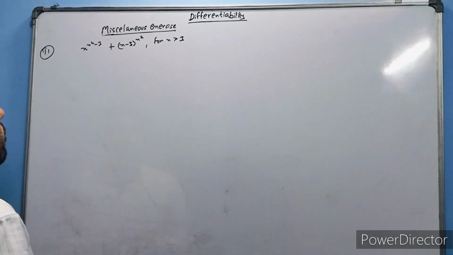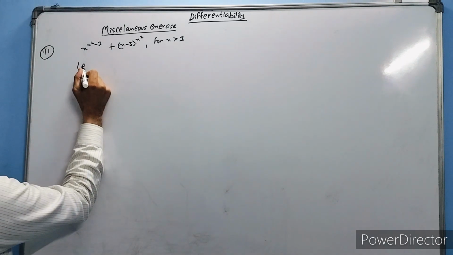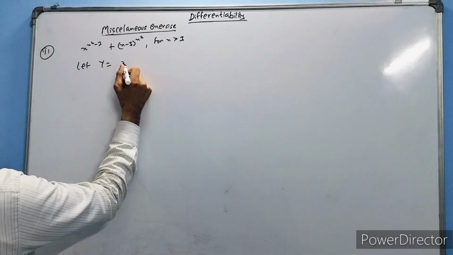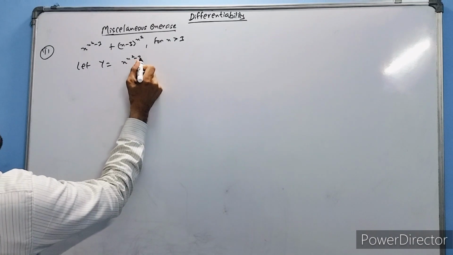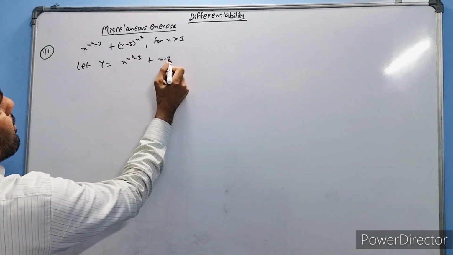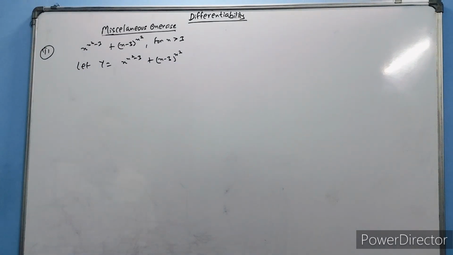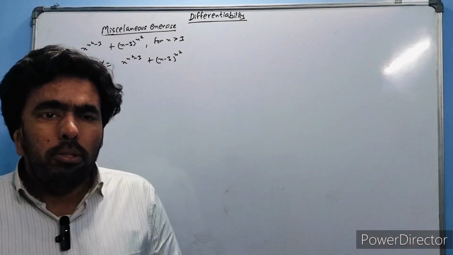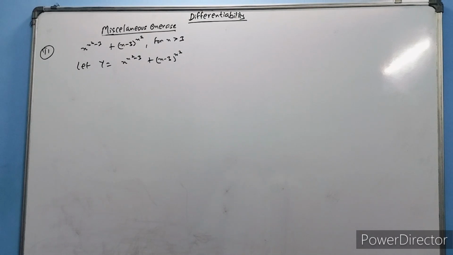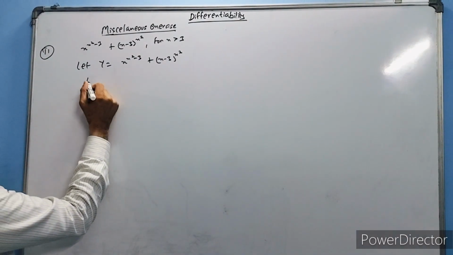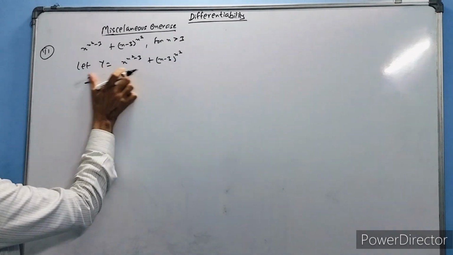So what we can do here, first step will be let y is equal to x square minus 3 to the power x square plus x minus 3 to the power x square. Okay, so now we have this. Let us see how we solve it. Now let us see how we can solve it taking log on both sides. What can we do?